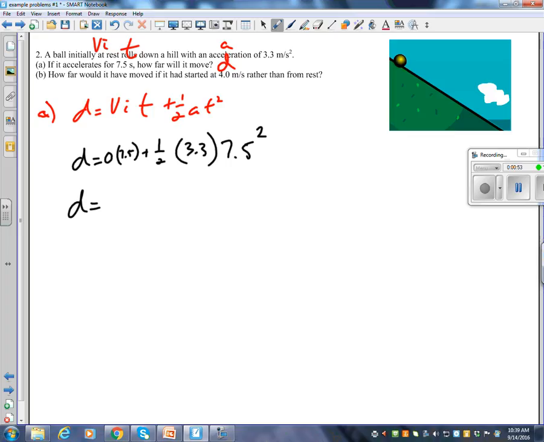Okay, I can't do this part in my head. Okay, 92.8. I looked on the sheet. Make sure you try this on your calculator, make sure you know how to use your calculator. 0.5 times 3.3 times 7.5 squared equals.